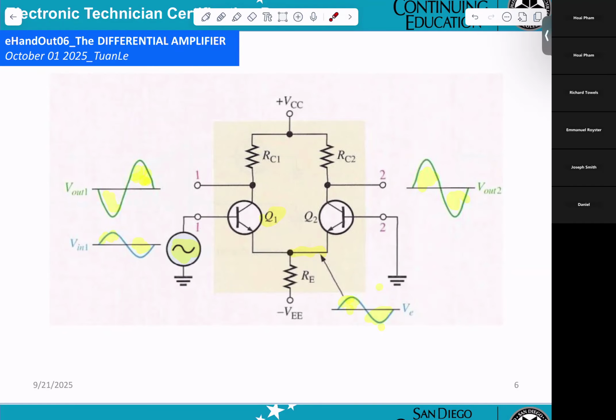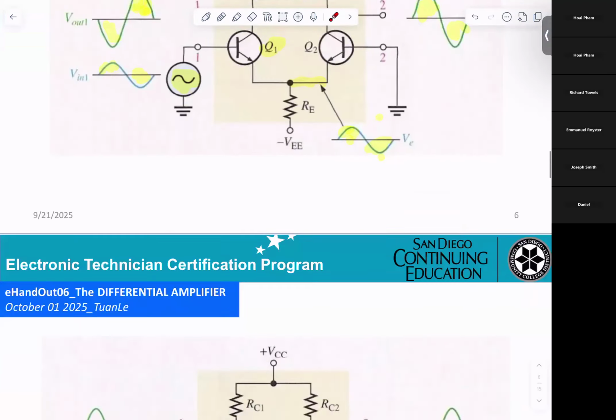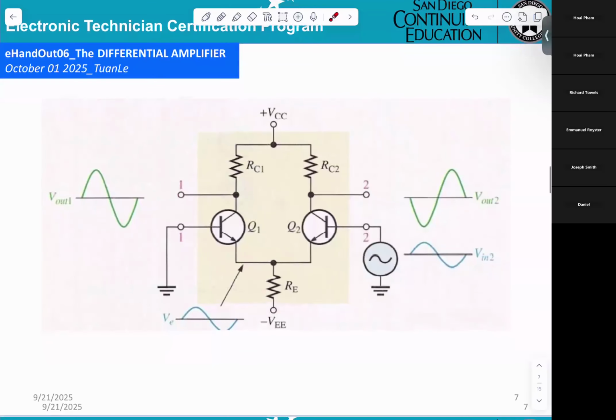That's what they want you to know. Okay, this is just the opposite, right? Now they apply the input here from Q1, so Q1 now will be CB, in phase. Q2 now will be inverting. So that's why they are opposite. Okay?